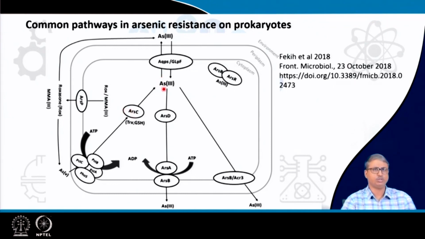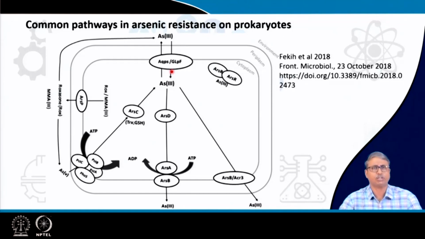So, AS3 is produced. Now, AS3 can also be transported inside the cells through specific proteins called aquaporins, kind of porins, which have been reported to be involved in arsenic transportation as well.